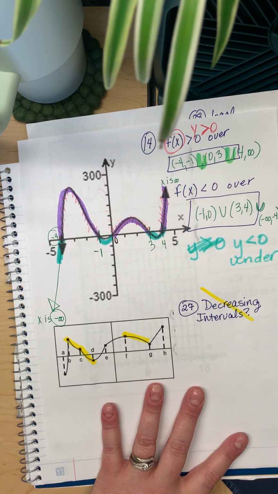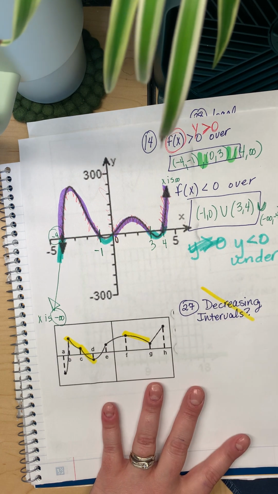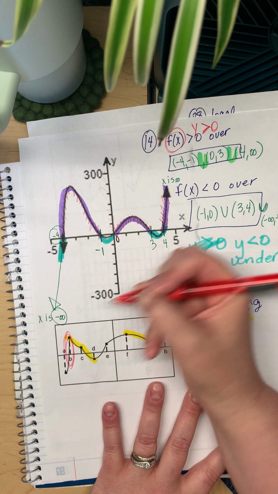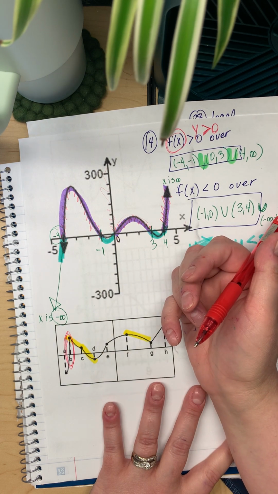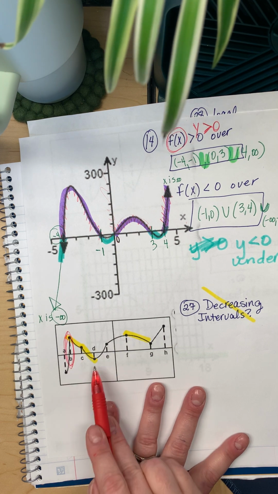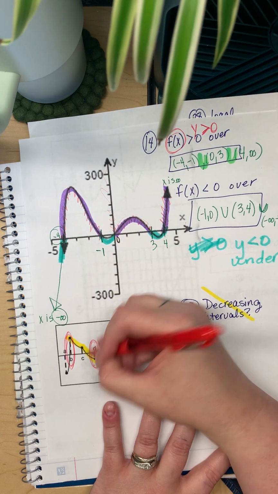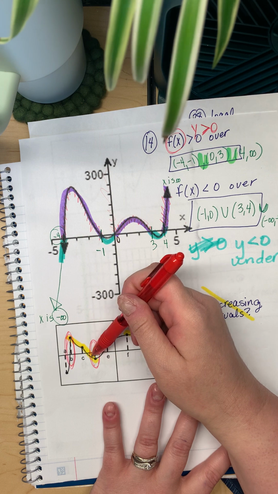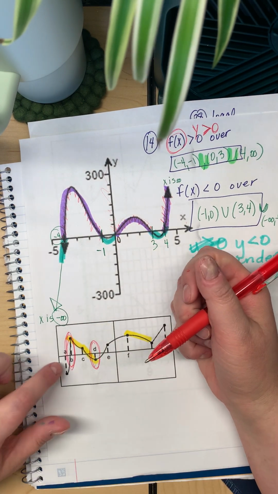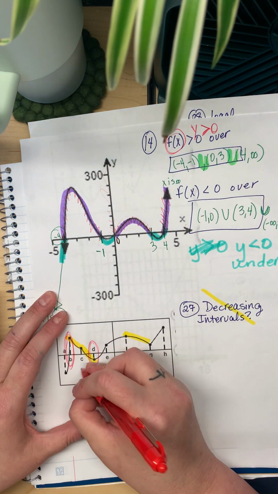So my decreasing intervals, I describe it using my x values from B all the way to not just C, but to D, because this whole thing is going down. So instead of splitting it up into 2 pieces, we can just say the x value of B to D.